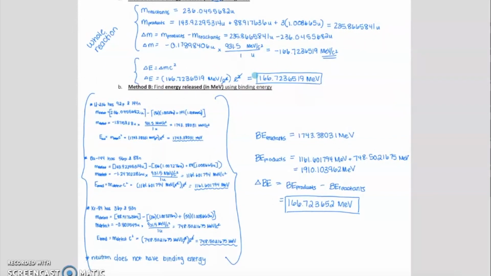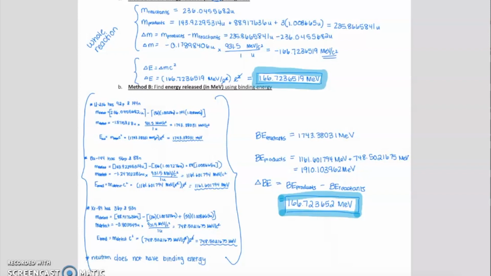Take a look at our answers, though. Using method A, we got an energy released of approximately 160, let's round to 167 mega electron volts. And in method B, we also got approximately 167 mega electron volts. If there was no rounding in either case, we actually would have gotten the exact same answer.